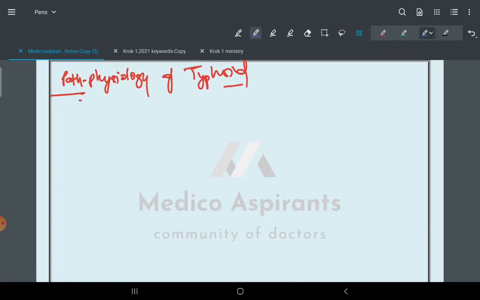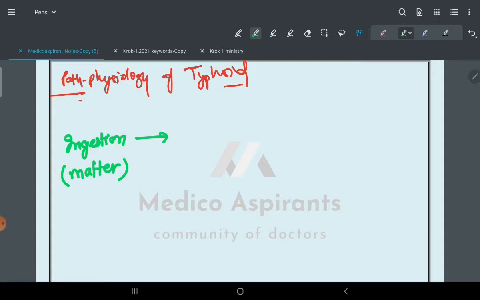Okay, now let's talk about the pathophysiology. One step ahead, in the pathophysiology section, a person ingests contaminated food, so it is ingestion. The next stage is the ingested bacteria, which are contaminated.